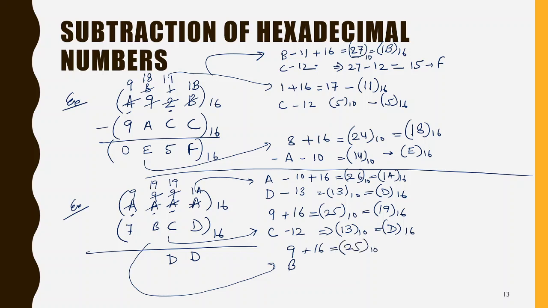B means it is 11, so I subtract 11 from 25, and it gives me 14 in decimal, and 14 in decimal is written as E in hexadecimal, right? So the result would be E. Fine. Next is 9 minus 7, it is 2. It is quite simple, and this is the result of the subtraction.